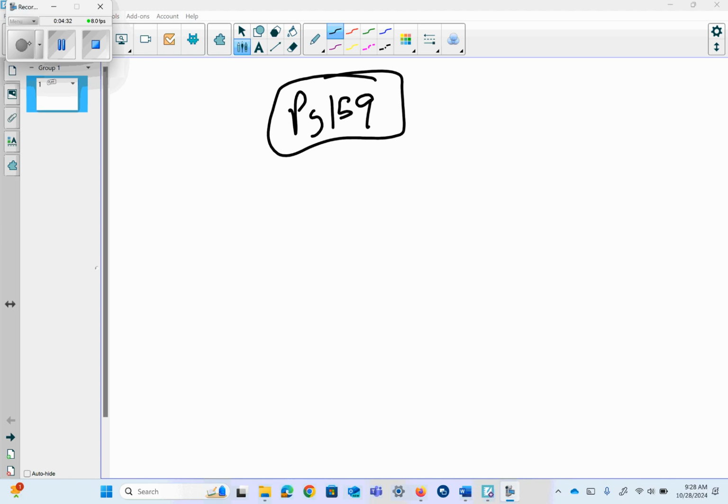All of the values that are between 1.5 and like 1.75, that's that region.